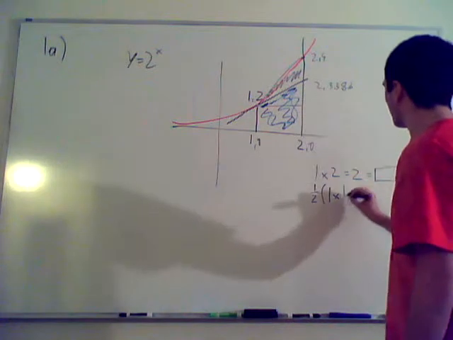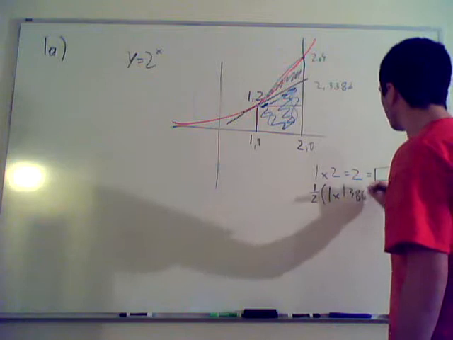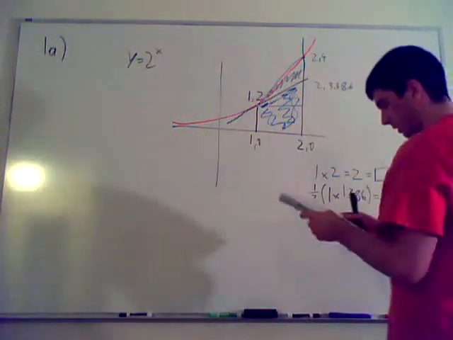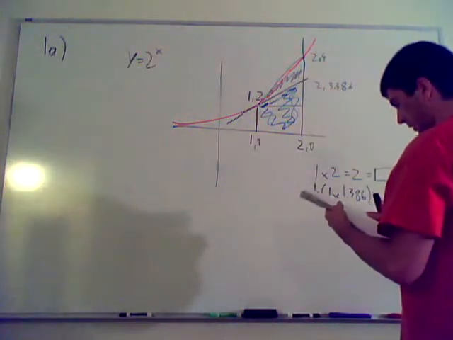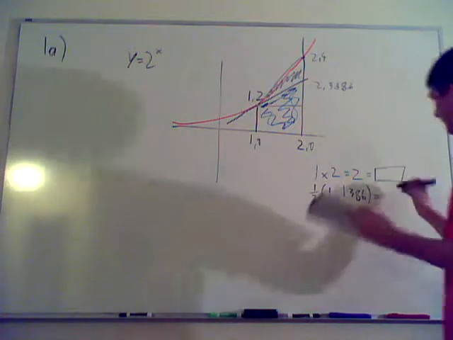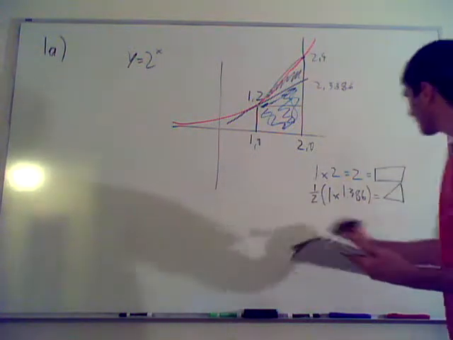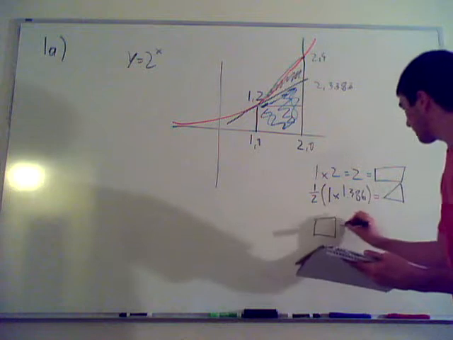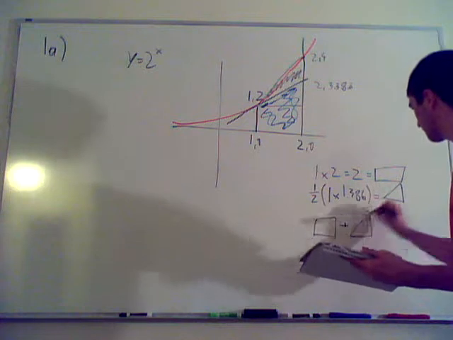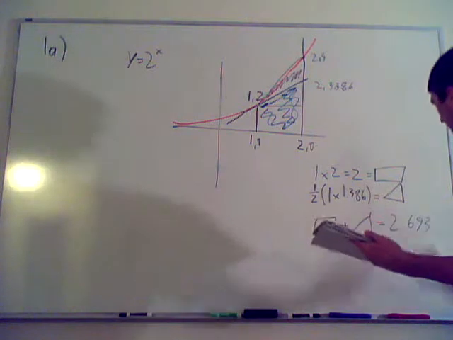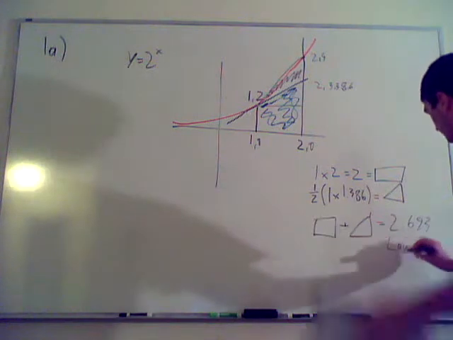So that has a difference of 1.386, and that is equal to, I actually don't know. I didn't calculate it because I did triangle and rectangle together. So now, rectangle plus triangle equals 2.693. And that is your lower.